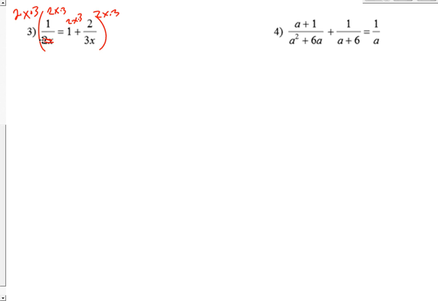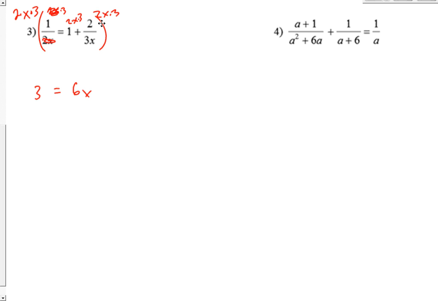And the 2x here will cancel out with the 2x from the first fraction, and I'm left with 1 times 3. For the second term, it's not a fraction, so I'm not canceling anything out. It will be 1 times 2x times 3, which is 6x.